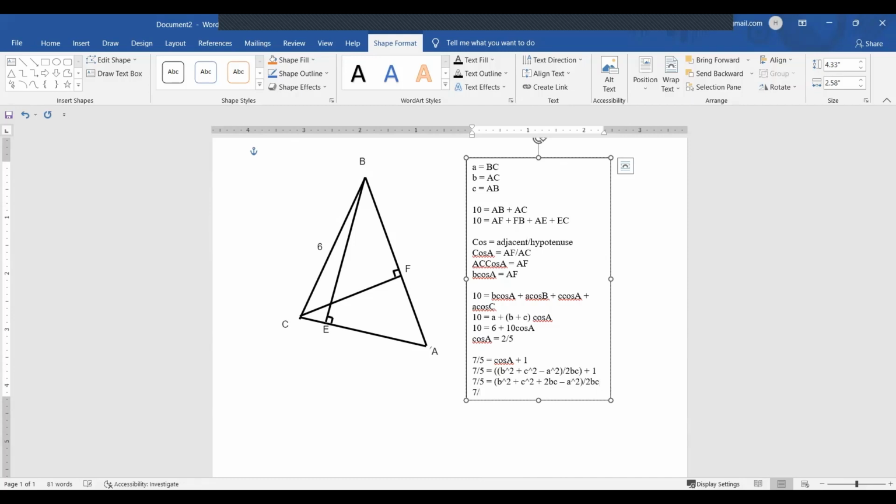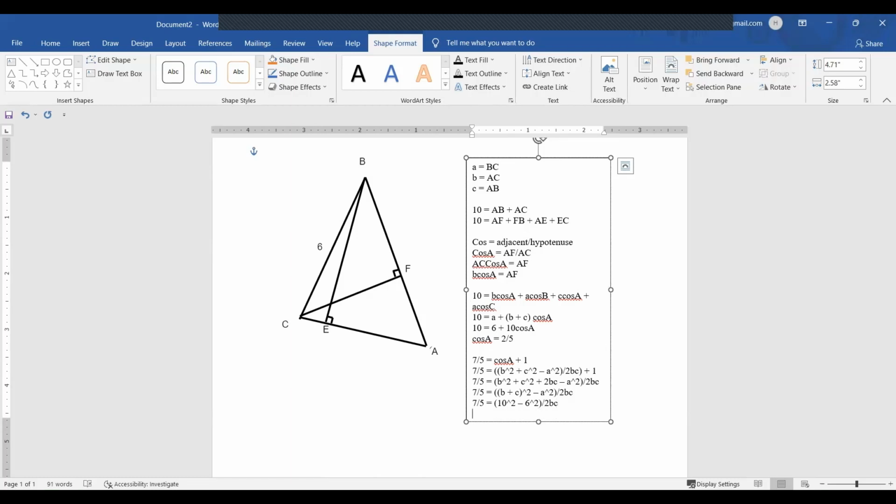And so from there, we can say that 7 over 5 is equal to B plus C squared minus A squared over 2BC. And so we can say that 7/5 is equal to 10 squared minus 6 squared over 2BC.